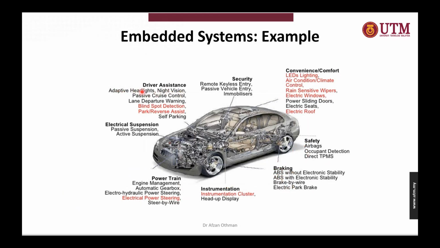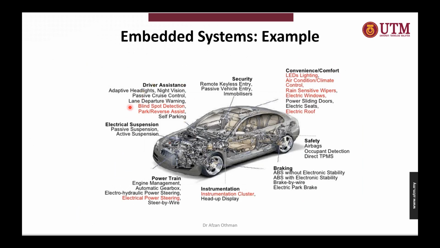This adaptive headlight is very useful: it senses whether there is a car in front or not. If there is a car in front, it will lower the beam. If there is no car in front, it will put the light into high beam. Something like that.